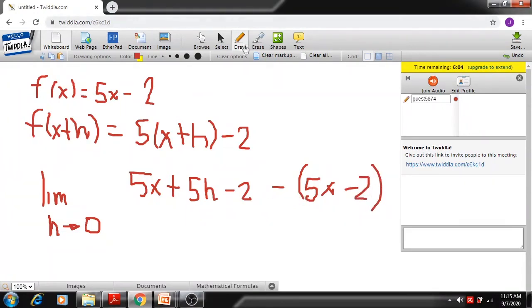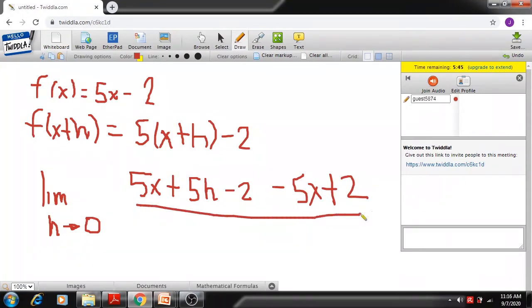Let's say you distributed the sign, so minus 5x plus 2, over h. Immediately we can see we can cancel 5x, we can cancel 2, leaving us with 5h over h.